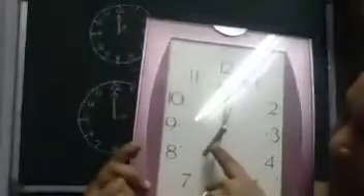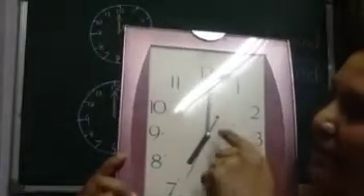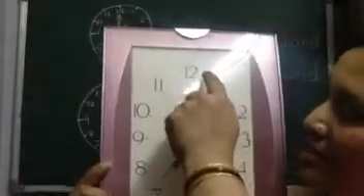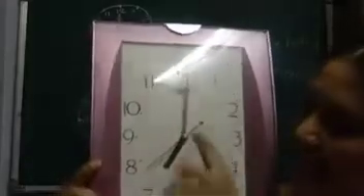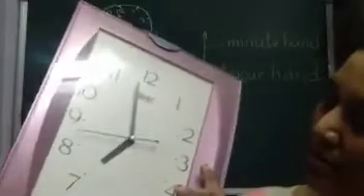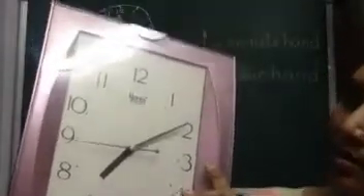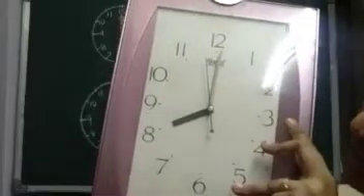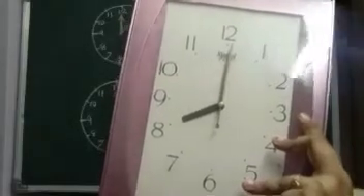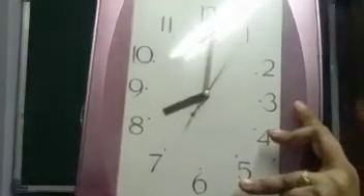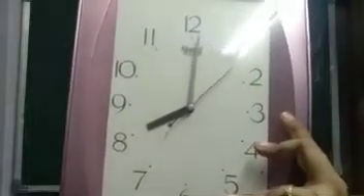The short hand is showing 7 and the big hand, the long hand, is on 12. 7 o'clock. Now, the long hand is on 12 and the short hand is on 8. So it's 8 o'clock.